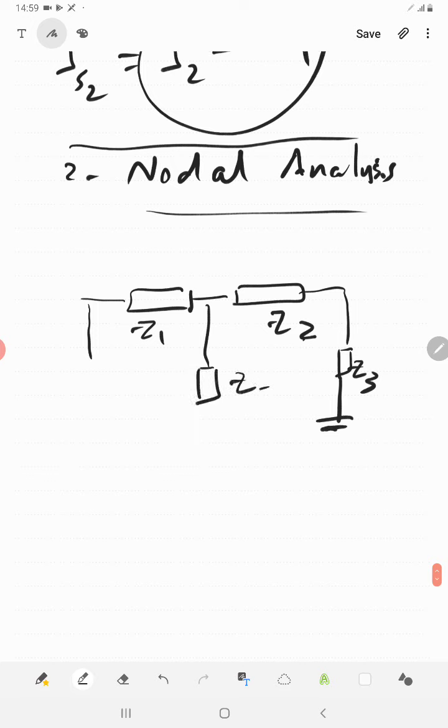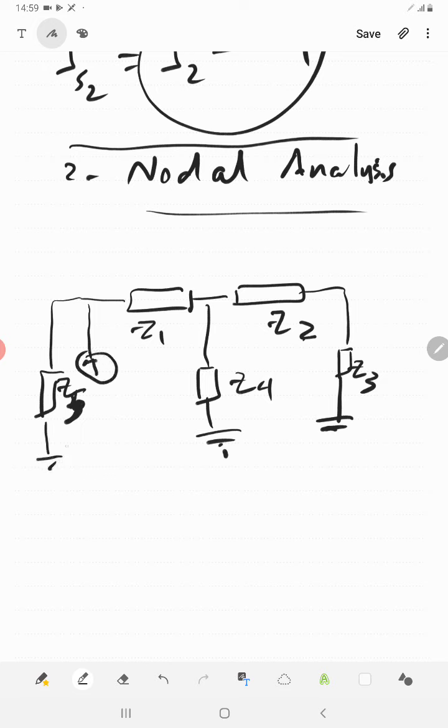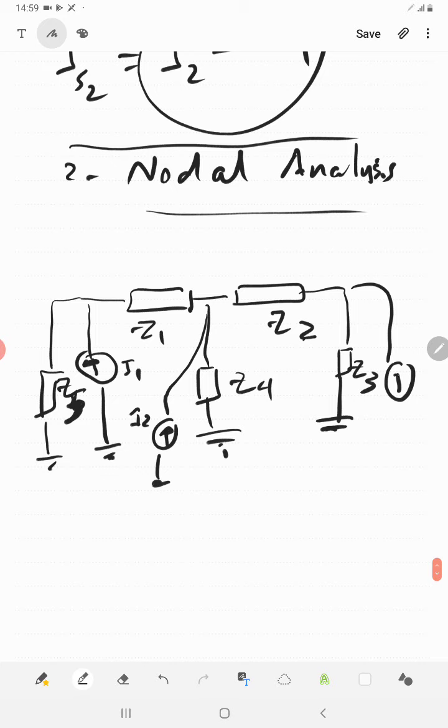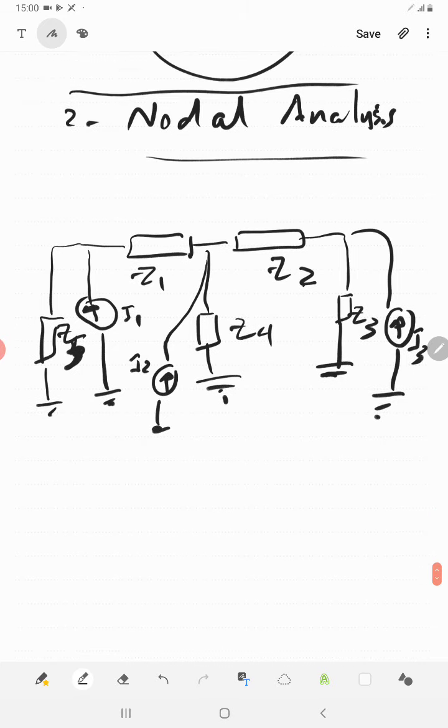We have Z4 and the ground. And let's say we have here Z6, Z5, and the ground. So assume here we have a current source I1, a current source I2, and a current source here, I3.